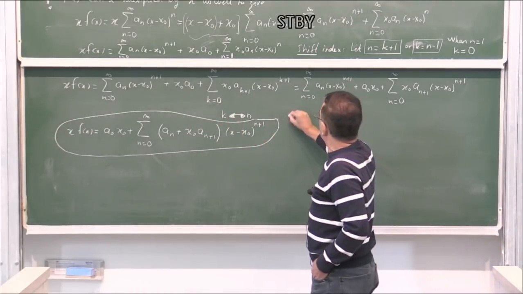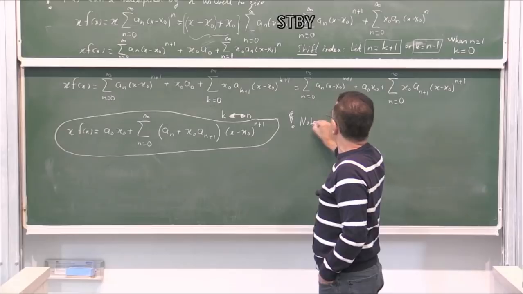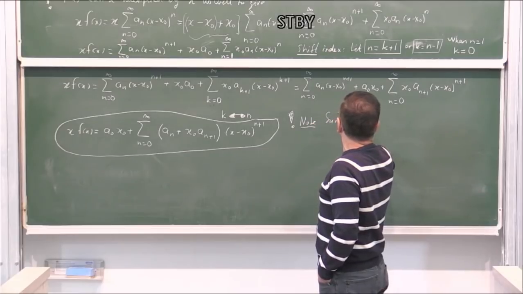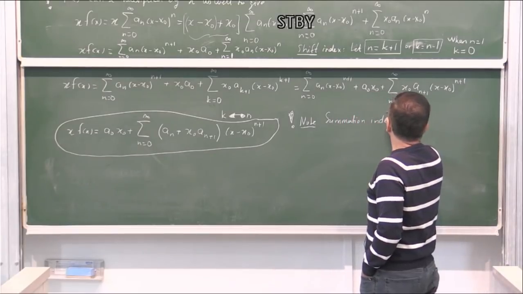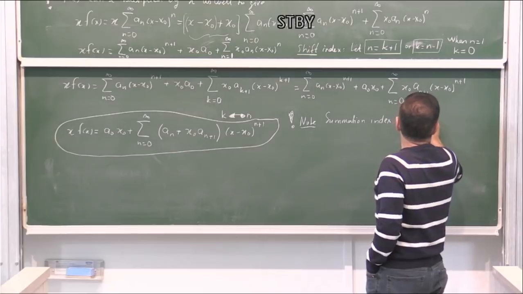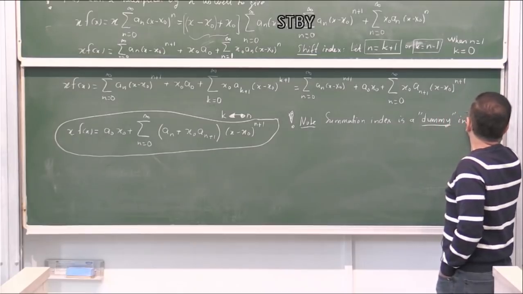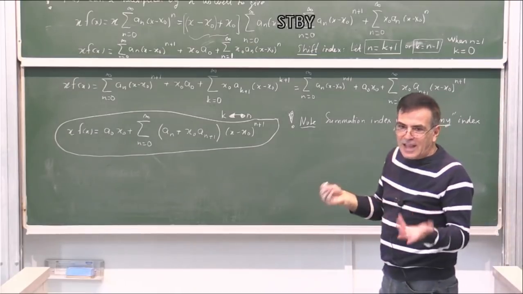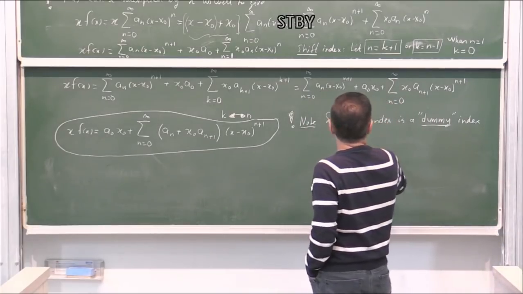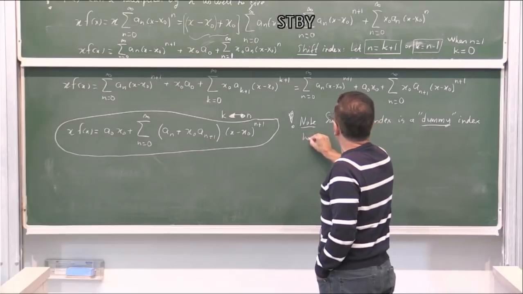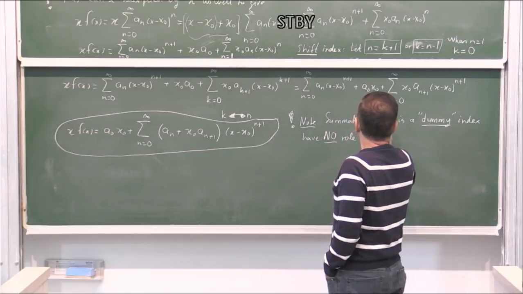So note that in this case, we say that the summation index or summation counter is a dummy variable or dummy index, in the sense that it has no role on the sum.